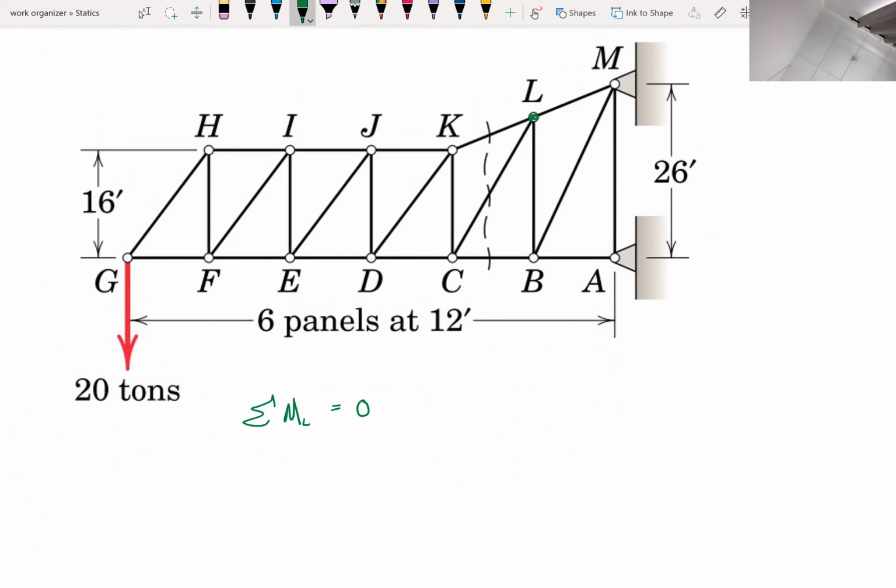This is under equilibrium condition. First, identify: what forces do we need to calculate for the moment at L? What forces are there?